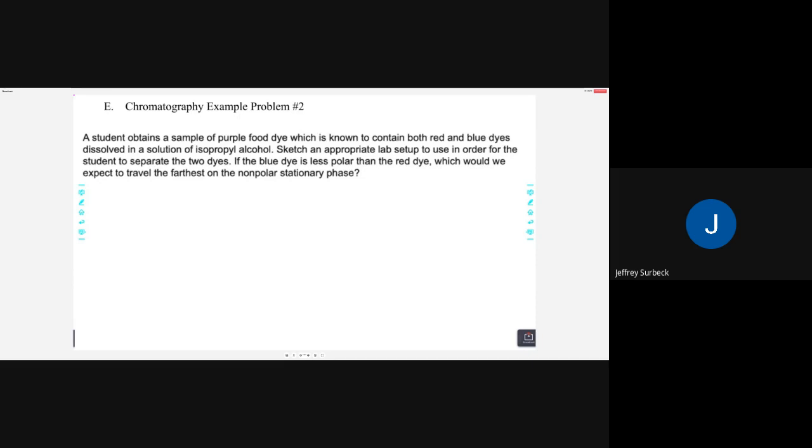Number 1, your basic setup would be this. We have a cup, and inside our cup, we would have our solvent, which is isopropyl alcohol. Okay, so we'll call it alcohol.